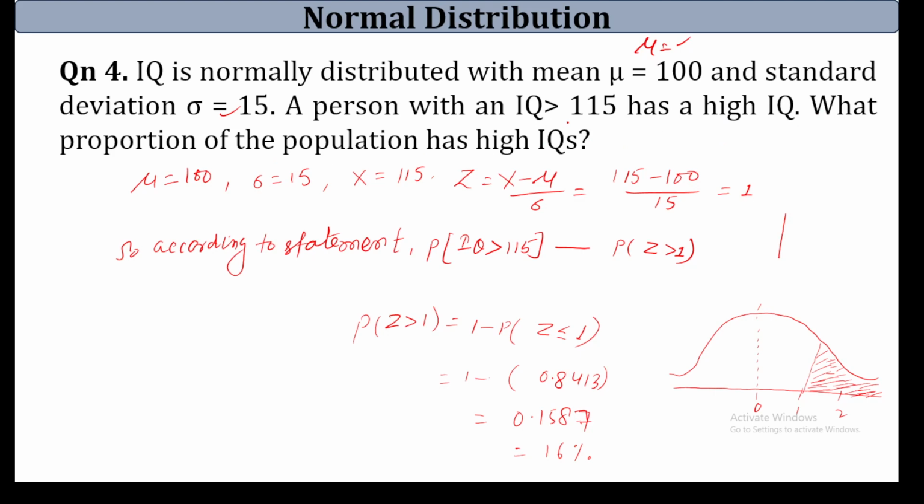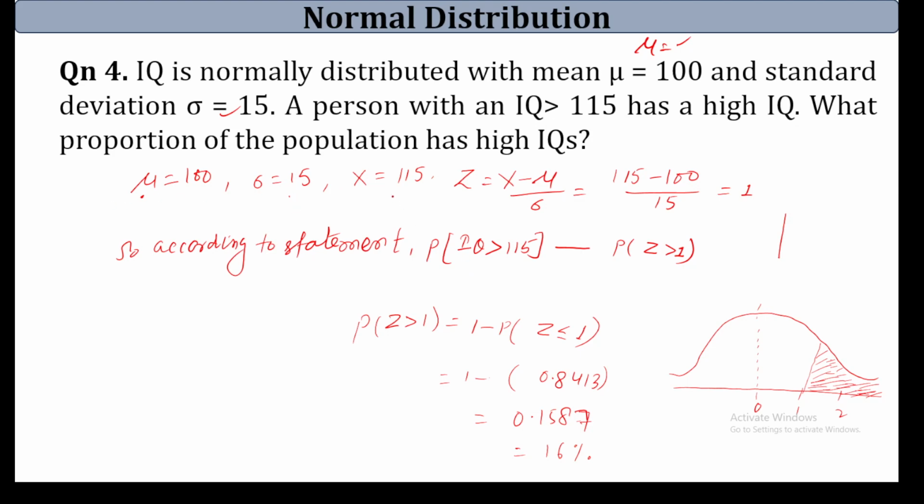If their IQ is greater than 115, we consider it a high IQ. They are asking, for a mean of 100 and sigma 15, what is the probability that the population has a high IQ.